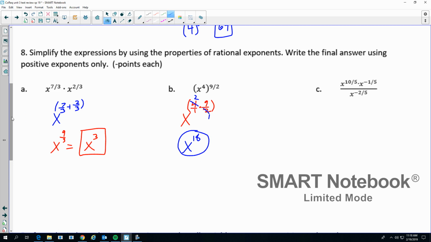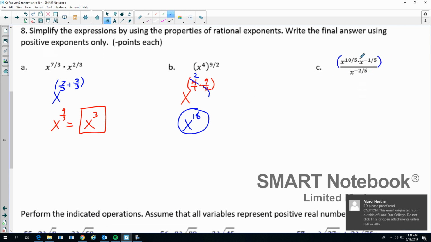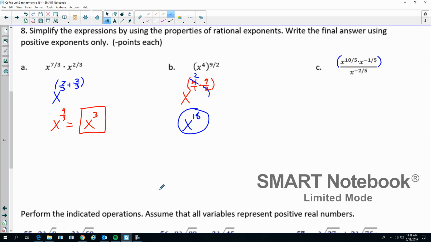Okay, and then on our last one here, we're going to have to do the product rule first and then do the quotient rule second, okay? So we're going to go ahead and add those.